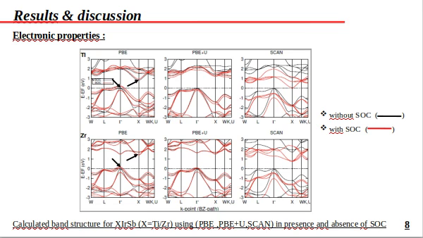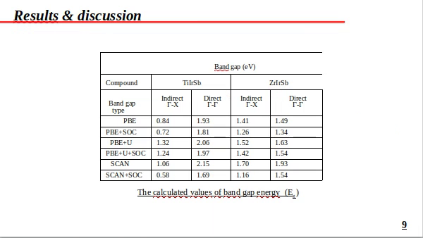This can be explained by the strength of spin-orbit coupling, which becomes very important for transition metal elements, where the Zr atom is heavier than the Ta atom. So the following table shows the band gap values of the two compounds for all approximations in the presence and the absence of spin-orbit coupling.